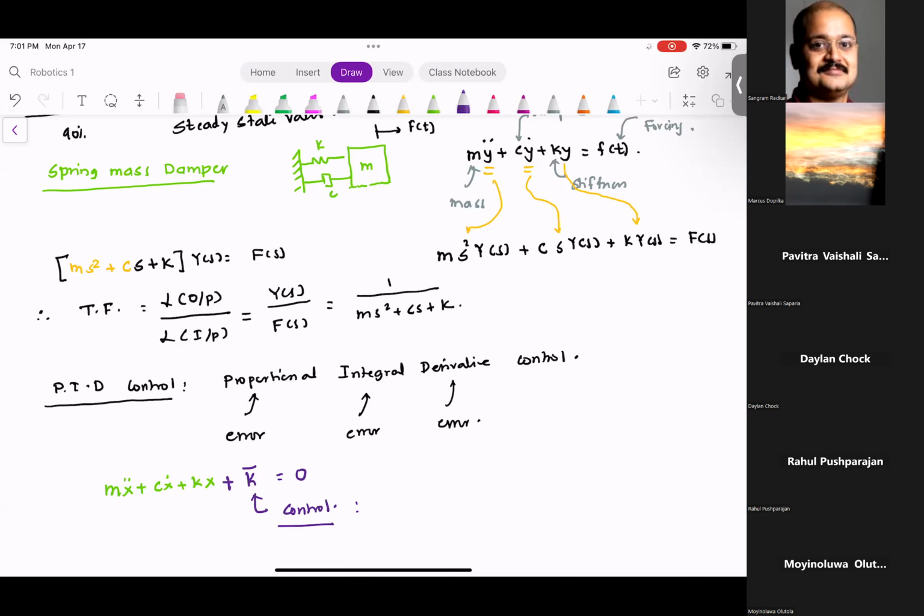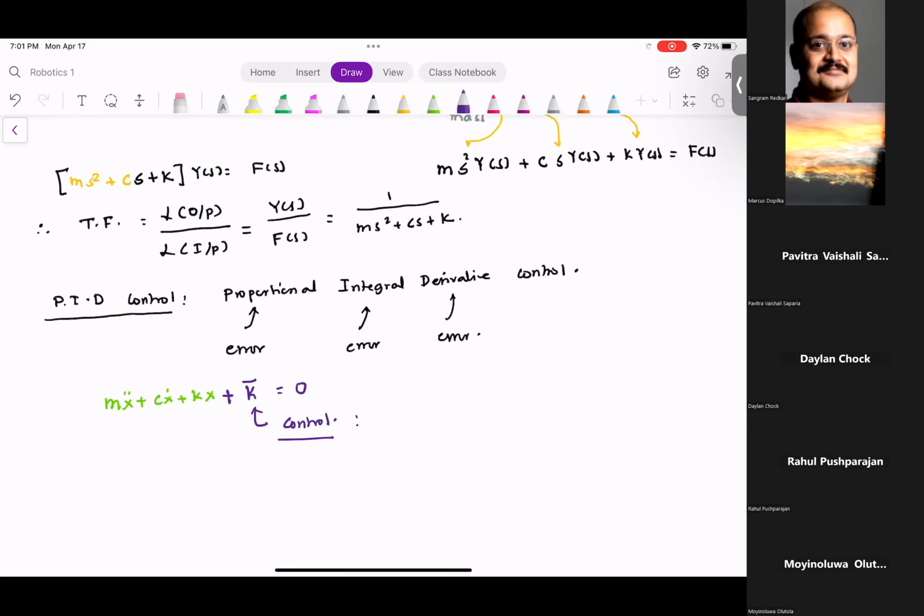So just to give an example, consider that we have the transfer function. There is an input, there is an output coming in here. So here we have error.